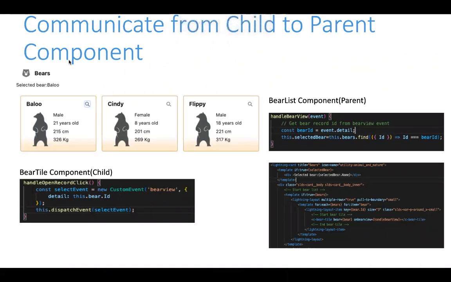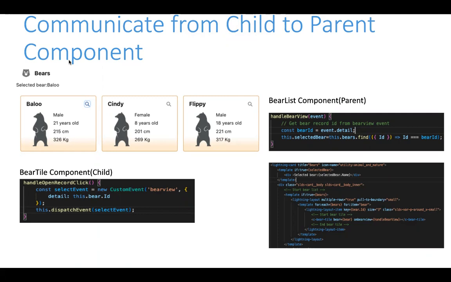Now we can see how communication from child to parent component happens. Let us use the same example. There we were passing data from bear list to bear tile, which was parent to child communication.